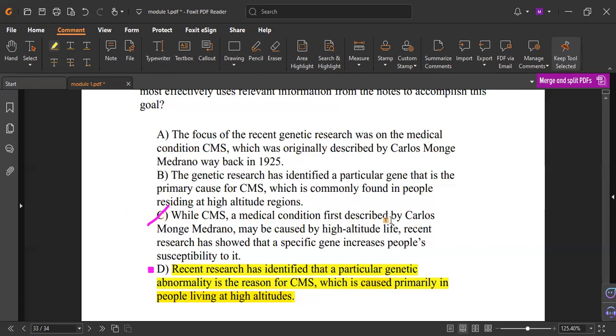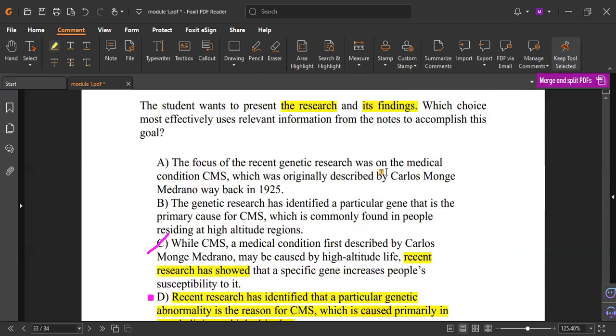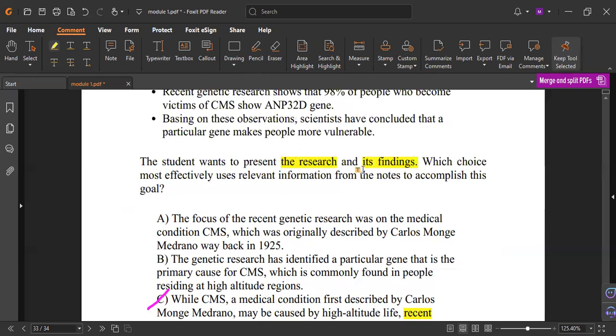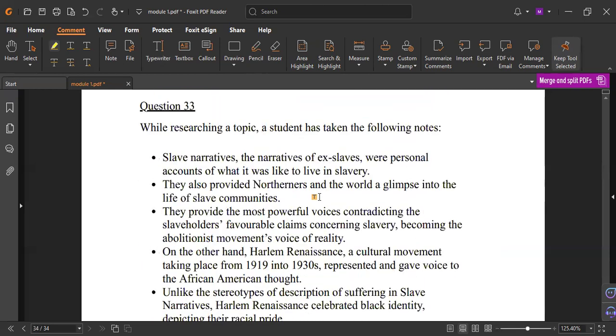Letter C tells you only about the recent research has showed that. Okay, but so what are the findings? Well, findings, which is caused primarily in. Feel it? This is the consequence. So we have both of them, the reason and consequence, as he mentioned, the research and findings. That's why letter D covers the question.